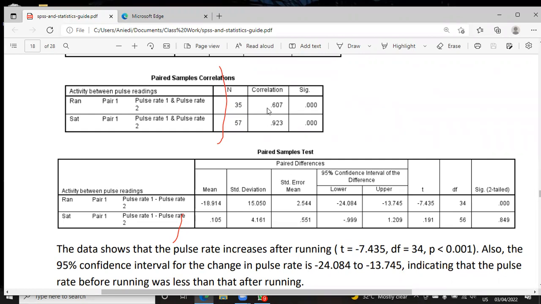The correlation coefficient of 0.923 is very high, and it is that of sitting, which means when somebody is resting, definitely the pulse rate should drop. That's a very high correlation. I hope you are able to read that.